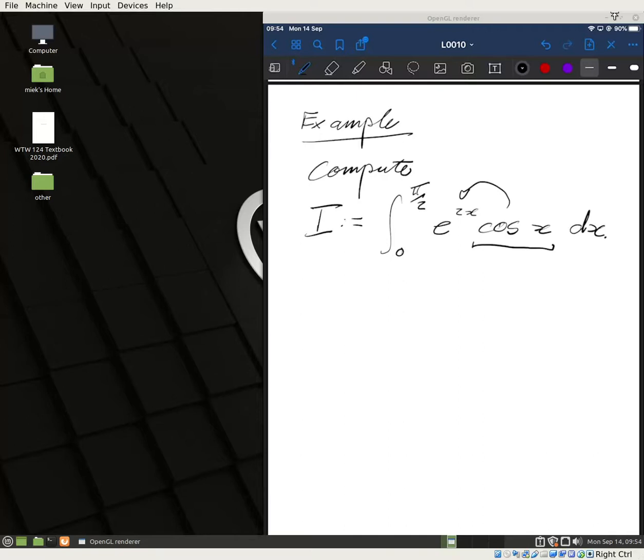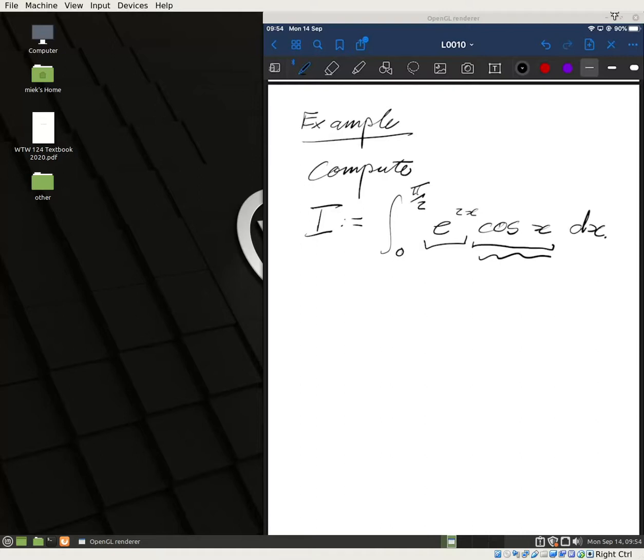So the derivative of e to the 2x is 2 times e to the 2x. So by passing a derivative to the other function, this other function is not going to change very much, or let's say will only change up to a constant. And if we pass a derivative from this function to the other function, it's going to change to a sine.